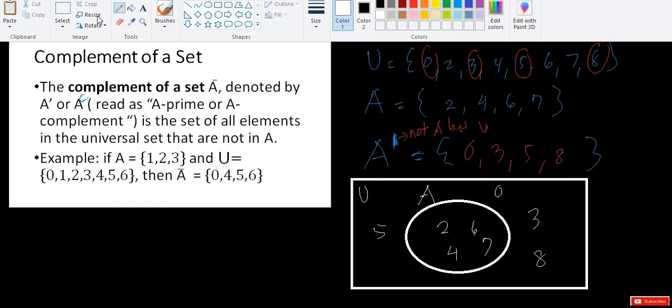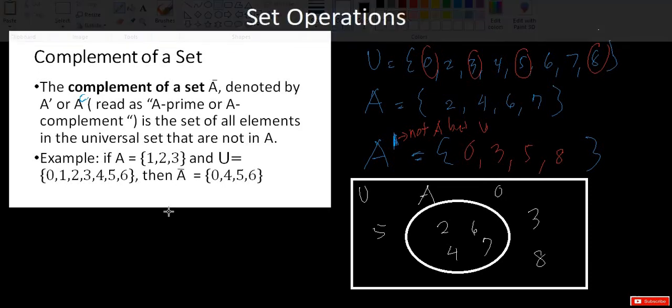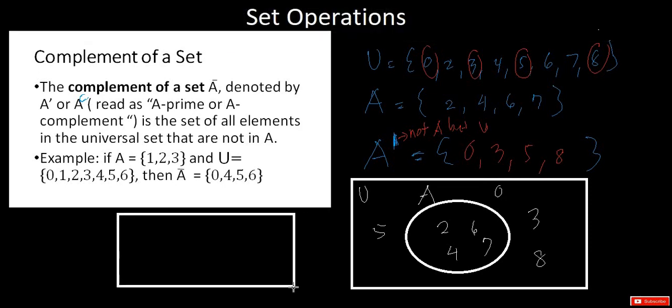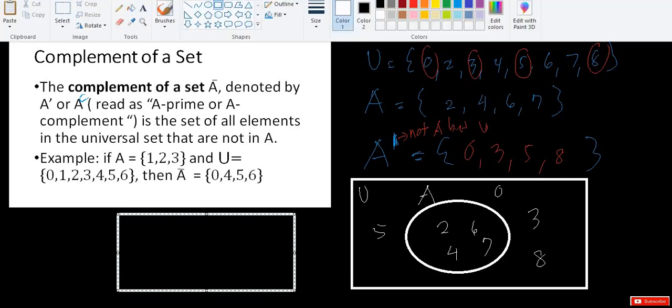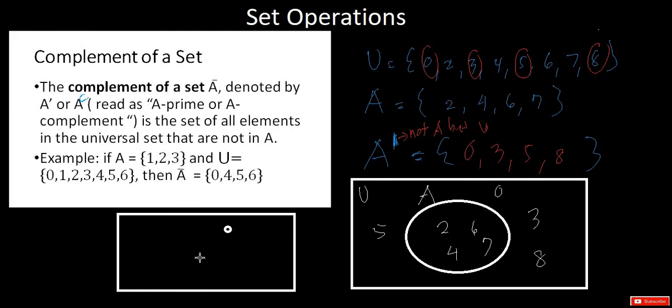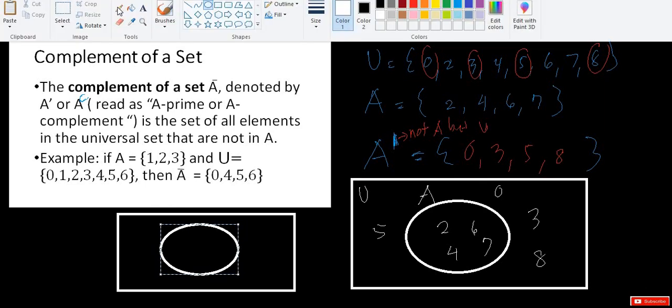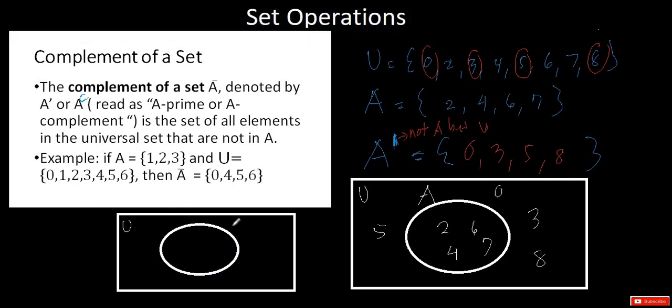Okay, so therefore, if we are going to use or show shading in a Venn diagram as a result of a complement, this is how the Venn diagram looks like. Let's draw a circle here. Suppose this is the universal set and this is set A. This is S sub 1 and this is S sub 2.